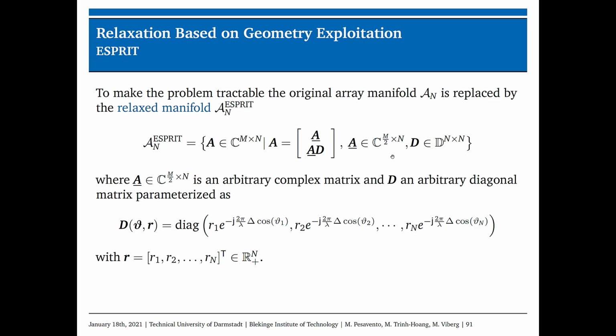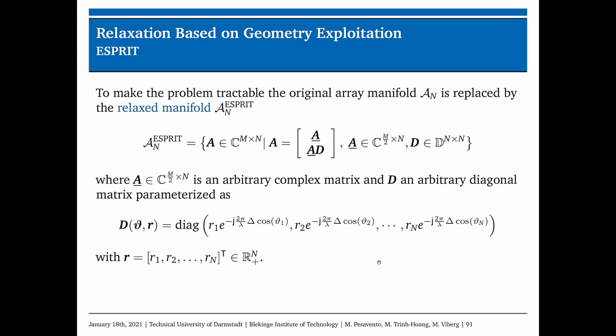Similarly, in the second block of the matrix, D is also a diagonal matrix as in the original manifold, but the diagonal elements are no longer restricted to lie on the unit circle. In other words, D is an arbitrary diagonal matrix, now parameterized in the directions of arrival theta as before, which are the parameters of interest, and in the radii R1 to Rn, which are of no particular interest.